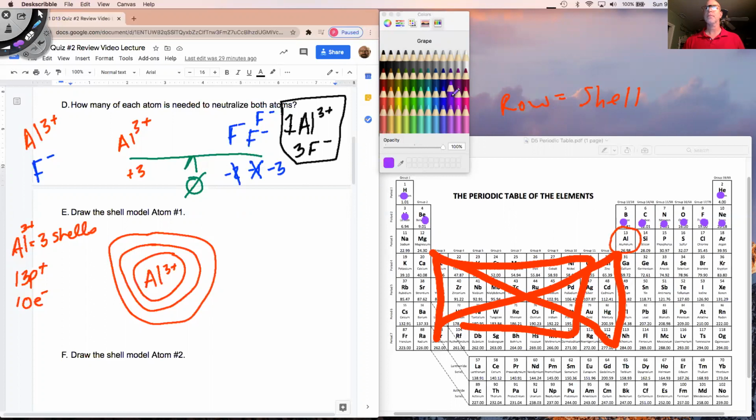Okay, so how many electrons do we use? Well, we're going to use 2 electrons on the first shell. There's 1, 2, and then we have 8 electrons on the second shell. 1, 2, 3, 4, 5, 6, 7, 8.